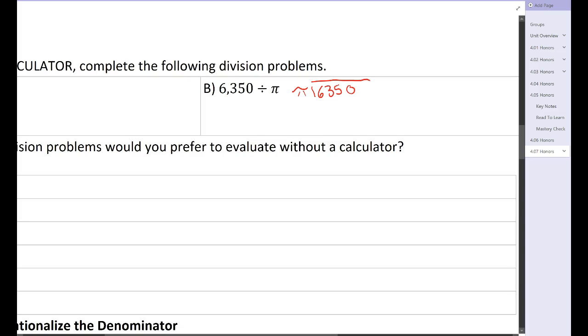Over here, though, we recognize we can't divide by pi. We have to write that in its traditional numeric fashion. And again, it says pi. It does not say pi equals 3.14.